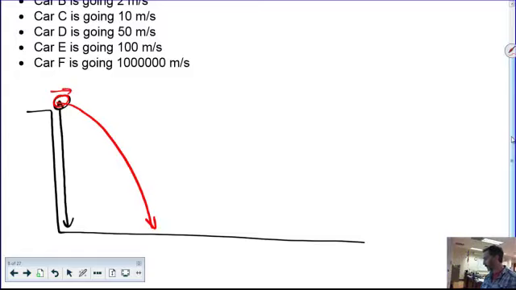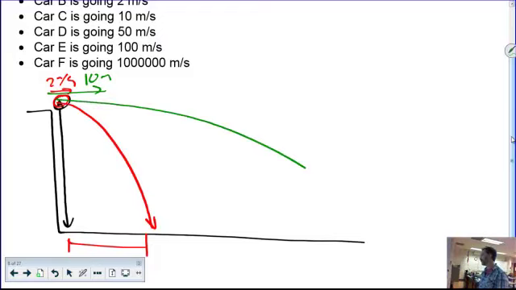Because it's going this way at 2 meters a second, it's going to land 6 meters away, 2 times 3. Car C is going at 10 meters a second, so it ought to land in 3 seconds 30 meters away.